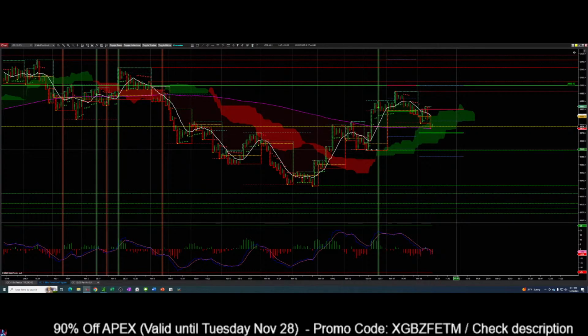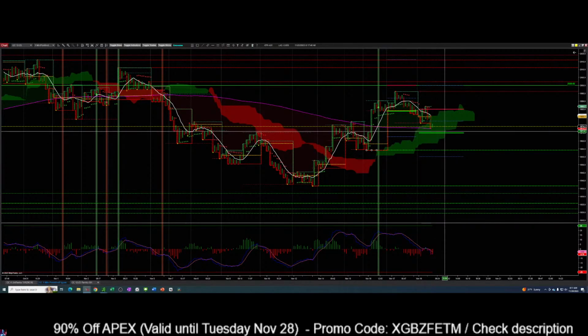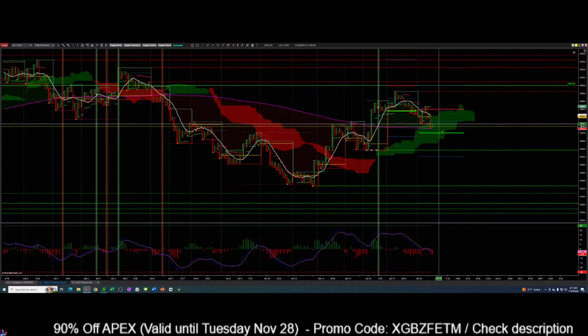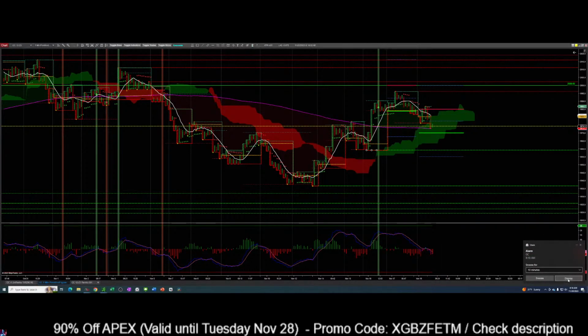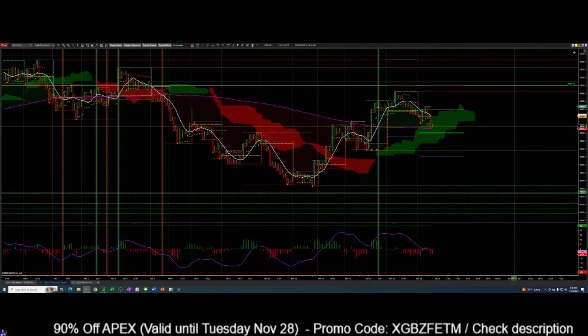So what are we looking for here? Maybe a bounce off of this level down here. So if we move to this support area, which is below the 200 SMA, then through this opening in 2 minutes.